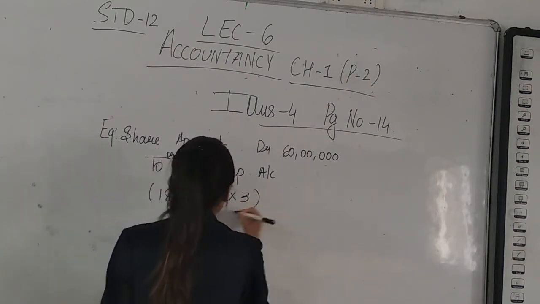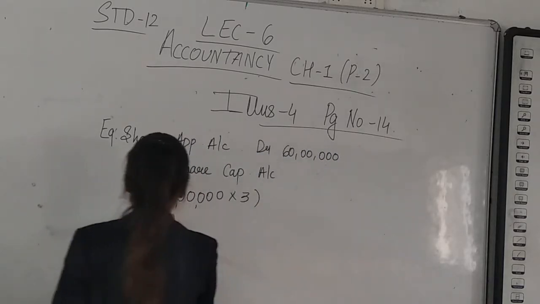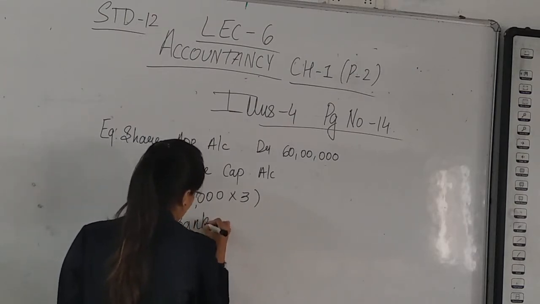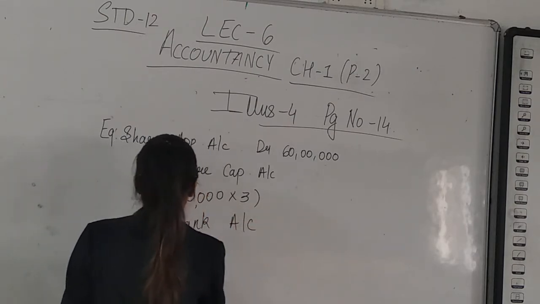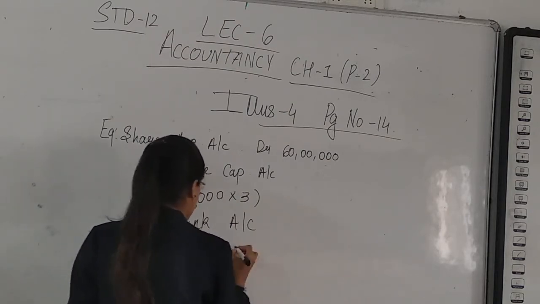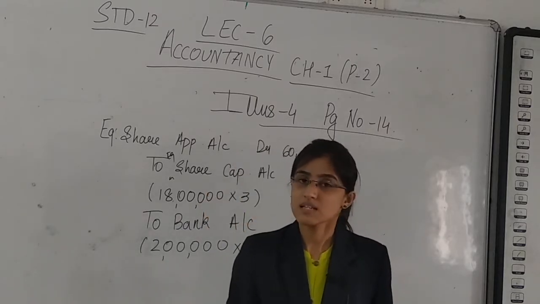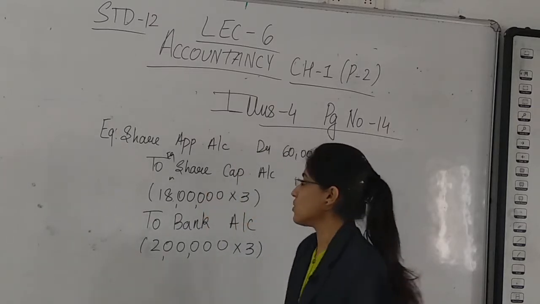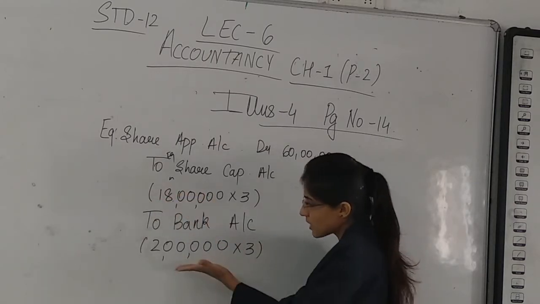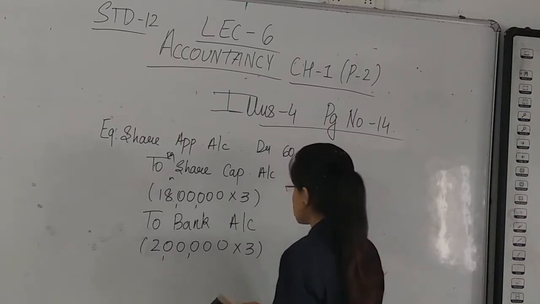...into 3. And further to bank account, which is 2 lakh into 3 again. So this is 18 lakh, the number of shares issued. Remaining 2 lakh have been rejected. 3 twos are 6 lakh.